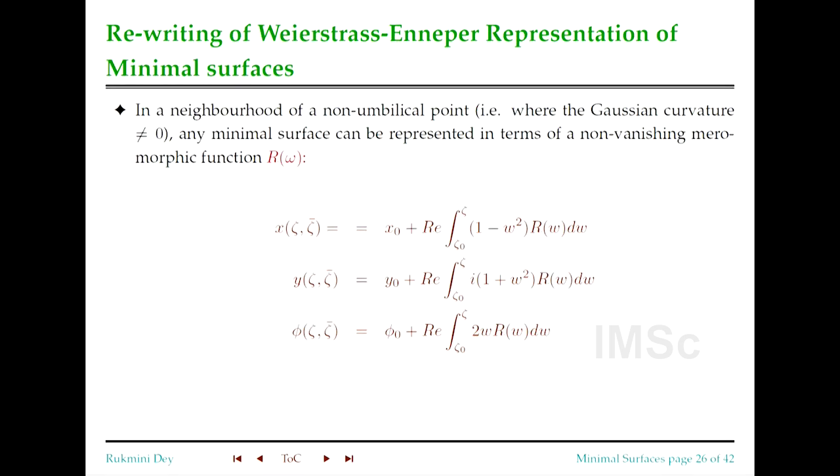There's another way of writing it. In a neighborhood of a non-umbilical point where the Gaussian curvature is non-zero, any minimal surface can be represented in terms of a non-vanishing meromorphic function. You can choose your favorite meromorphic function; meromorphic functions are holomorphic but they are allowed to have poles. They depend only on w.